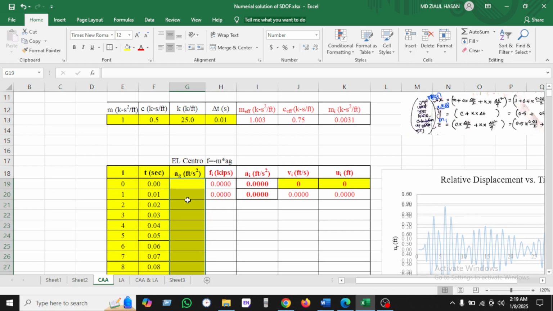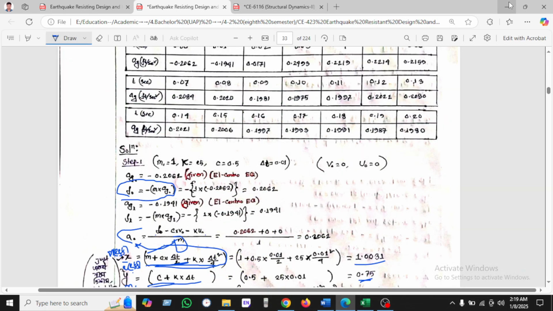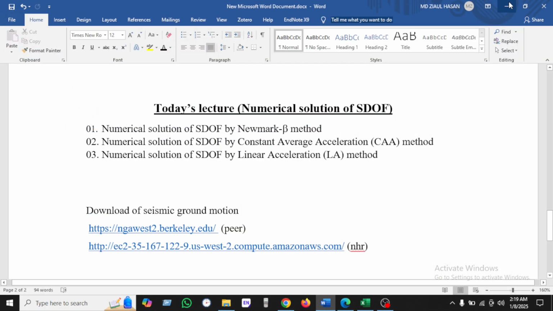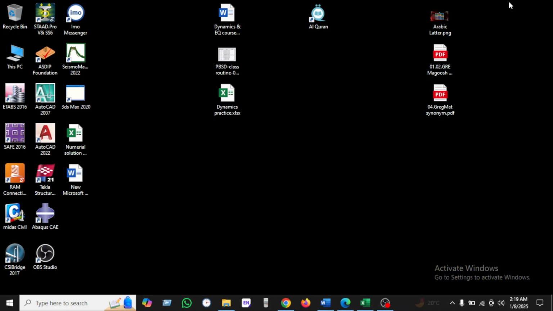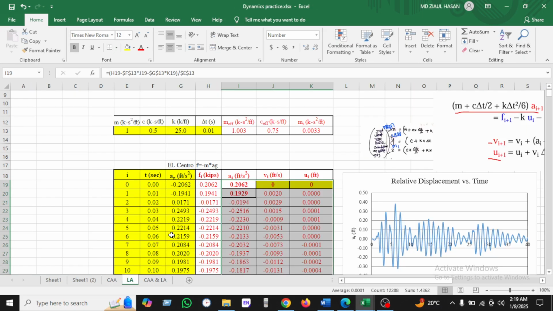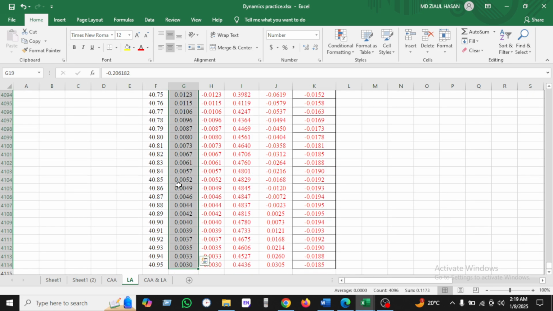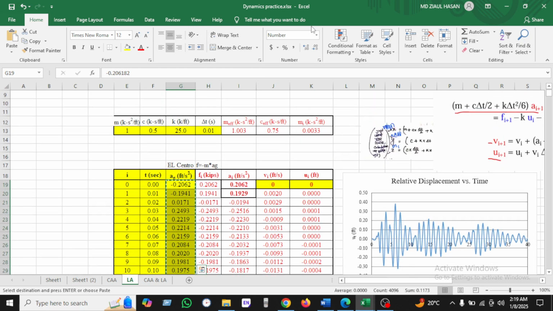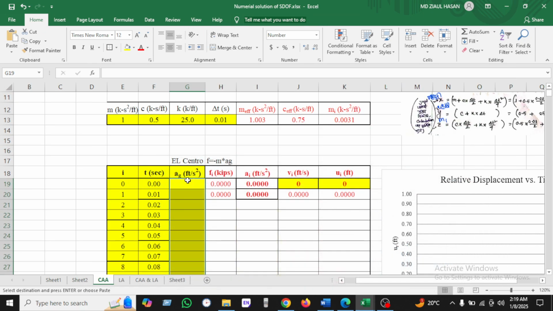I'm deleting this because the ground motion is not appropriate. That's why I'm copying another ground motion, which I had taken previously.